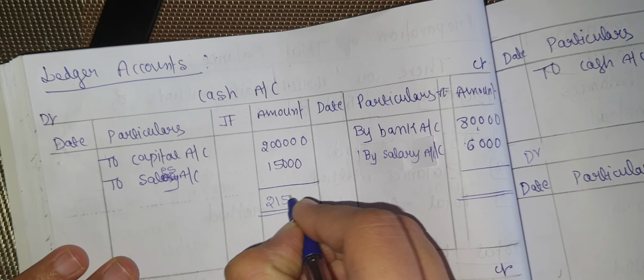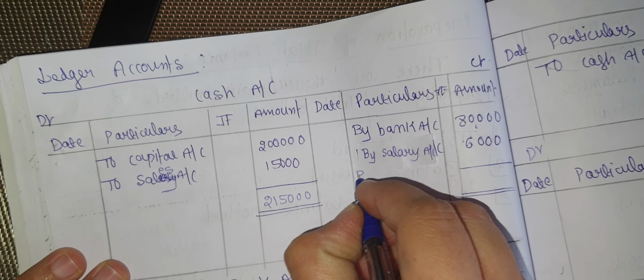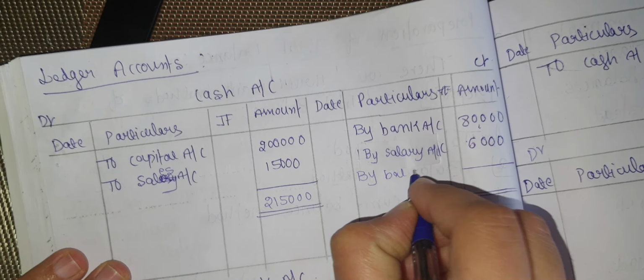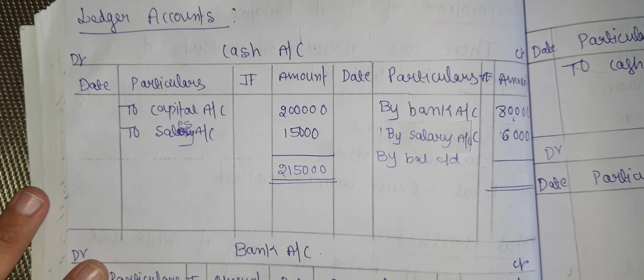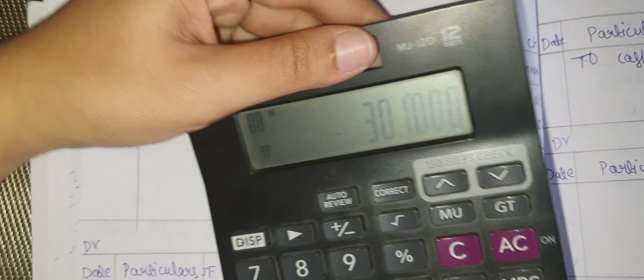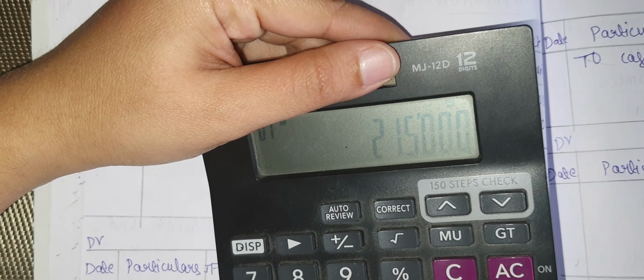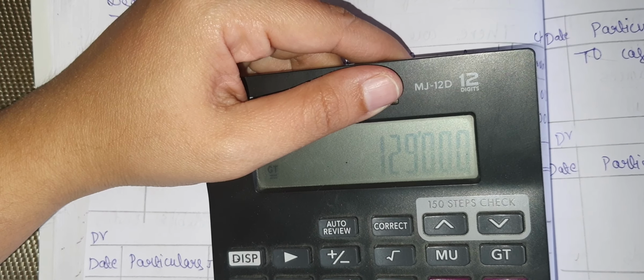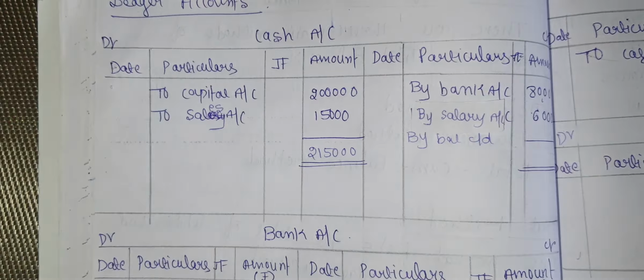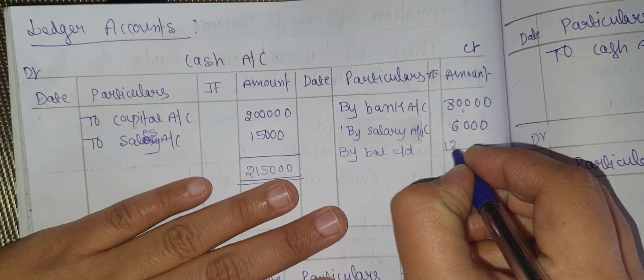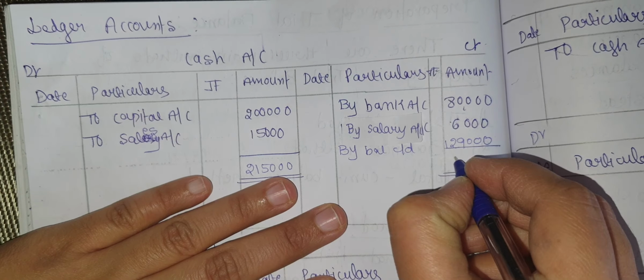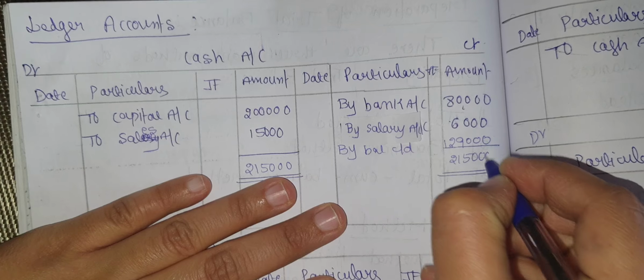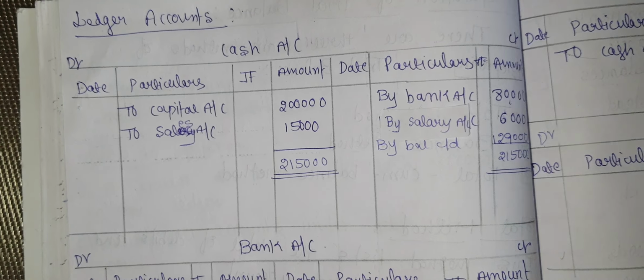By balance carried on, this is the closing balance. So 2,15,000 minus 86,000 is rupees 1,29,000. Write down here 1,29,000 against 2,15,000.